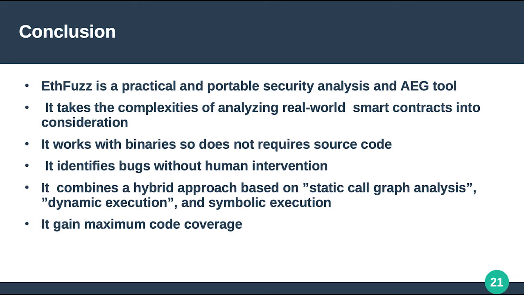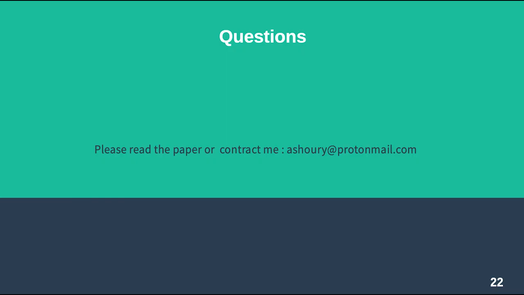The novelty of the paper is to use an efficient analysis system that identifies zero-day bugs and unseen attacks, and generates reliable exploits for identified bugs without human interaction, by combining a hybrid approach based on static call graph analysis, dynamic execution, and symbolic testing in order to gain accurate results with maximum coverage.